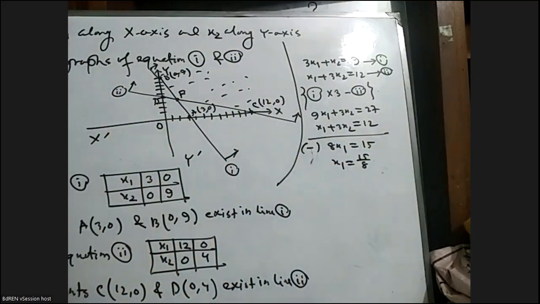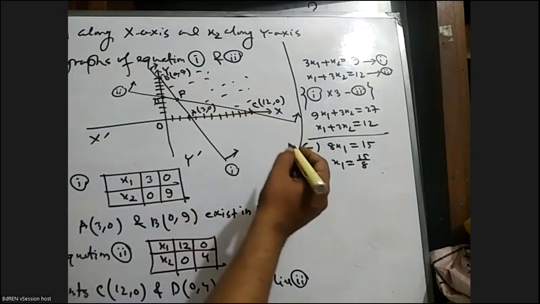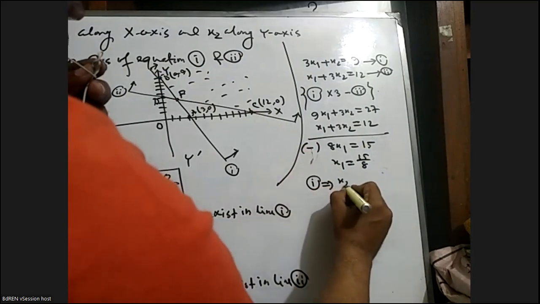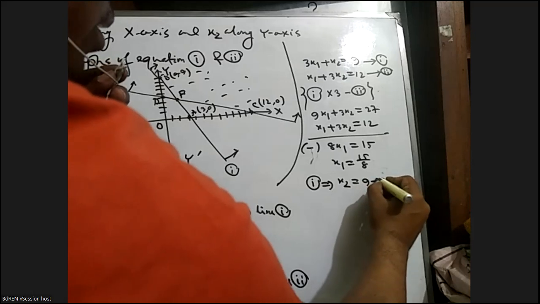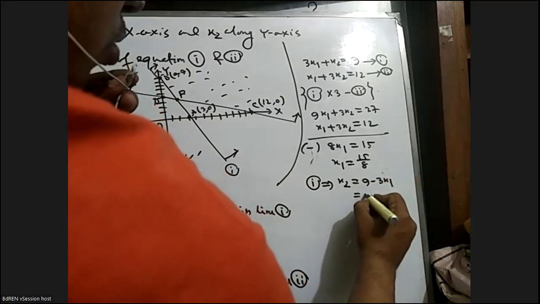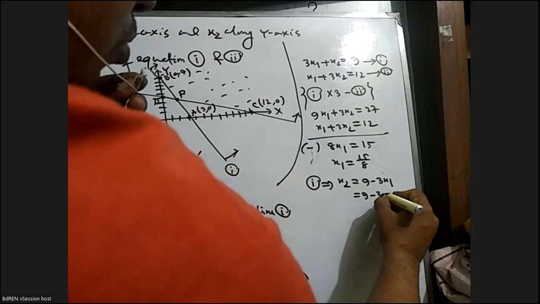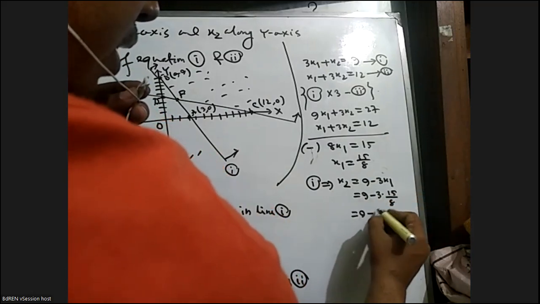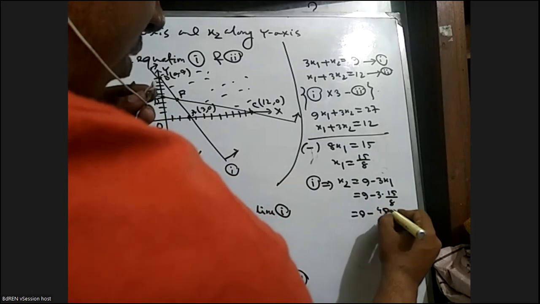Now putting the value of x1 in equation 1, x2 equals 9 minus 3 times x1. So 9 minus 3 times 15 divided by 8. That means 9 minus 45 by 8.